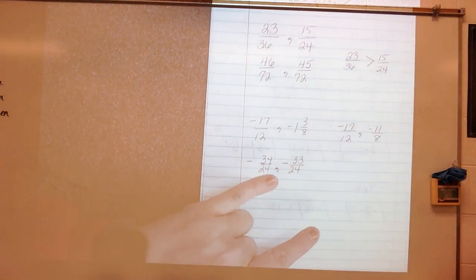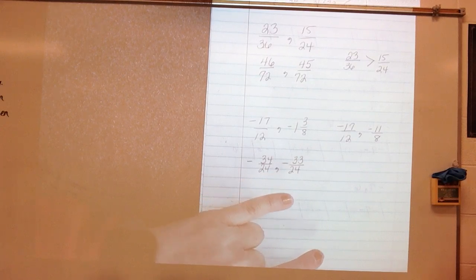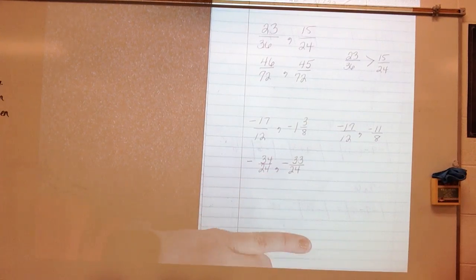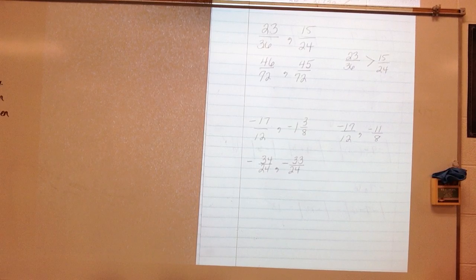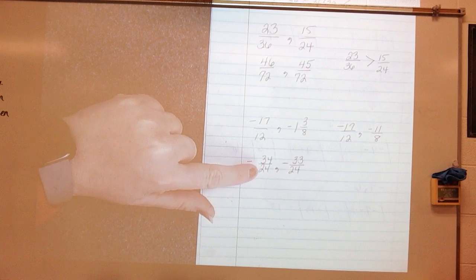Now, you're dealing with negative numbers, so be very, very careful about what you conclude here. Normally we would want to say 34 is bigger than 33. But because I'm on the negative side, which number is farther away from 0? 34 is farther away from 0.